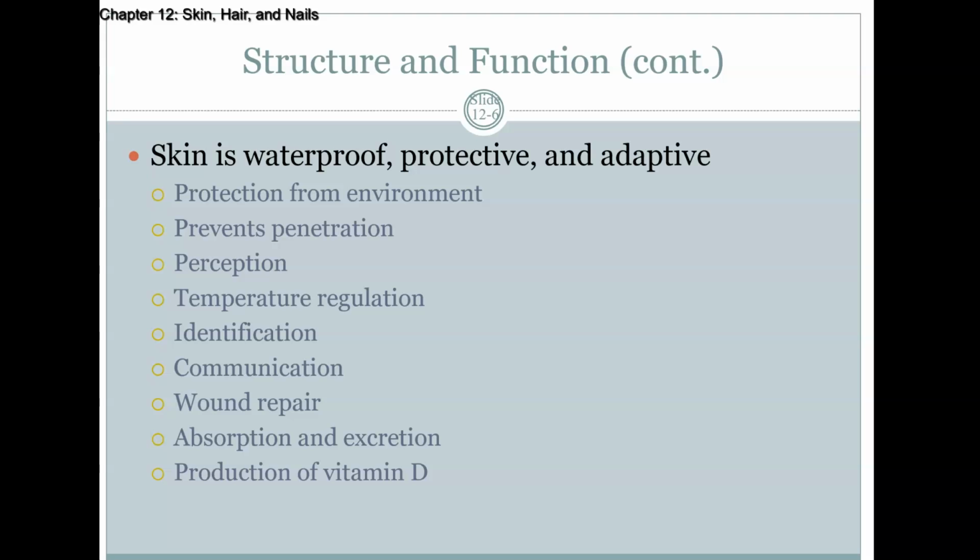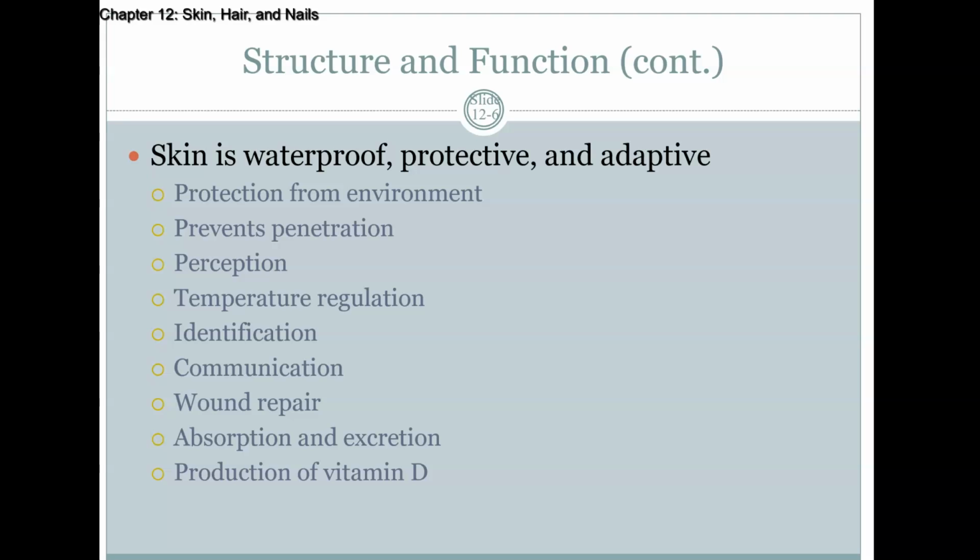Skin is good for perception. And when you say perception, how you look at things. The perception part is when you think in terms of neurosensory organs, like for touch, pain, temperature, pressure. Skin regulates the temperature.